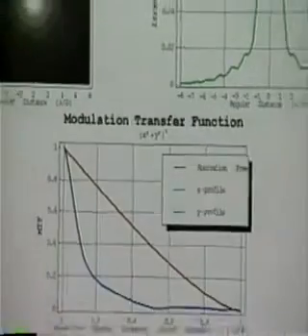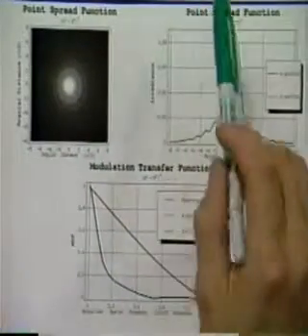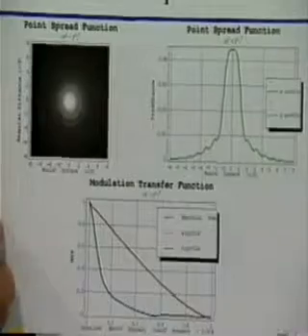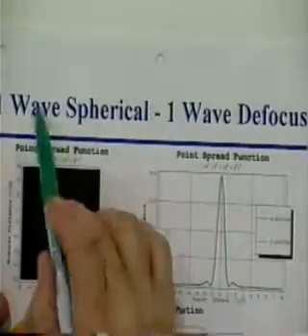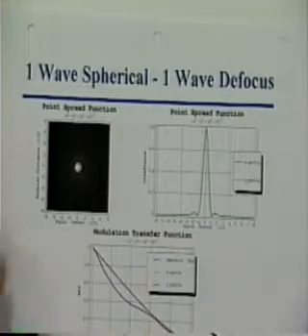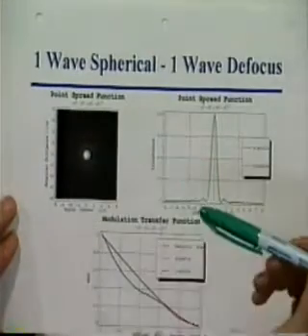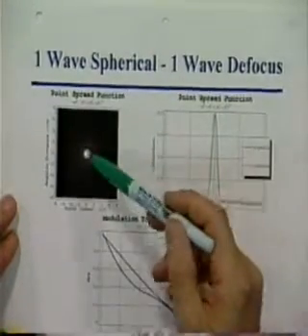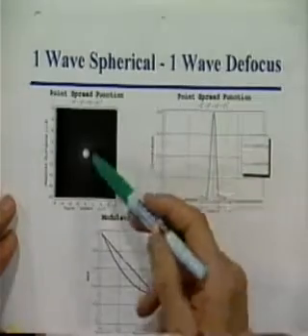Now what's kind of interesting is to take the spherical and introduce some defocus in the opposite direction. So that's going to be one wave of spherical minus one wave of defocus. And now we have something that actually looks pretty good here. The point spread function looks reasonably good.